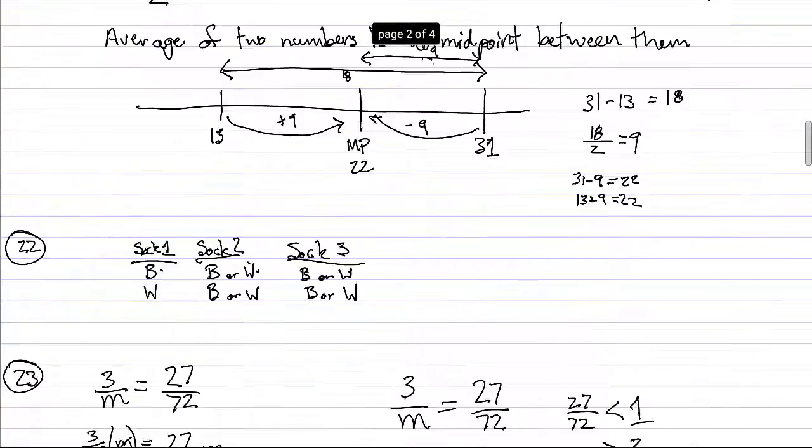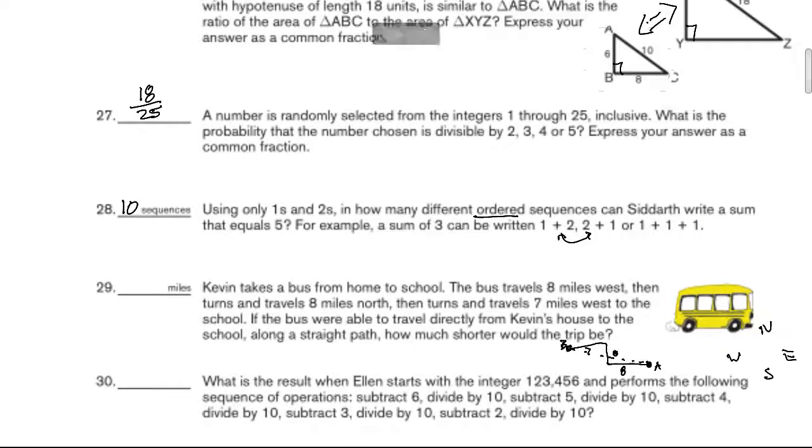It just makes it easier to figure out the answer. But back to the original question, we've got 8 plus 8 plus 7 is 23, minus 17 equals 6. So the trip would be 6 miles shorter if he went in a straight line.